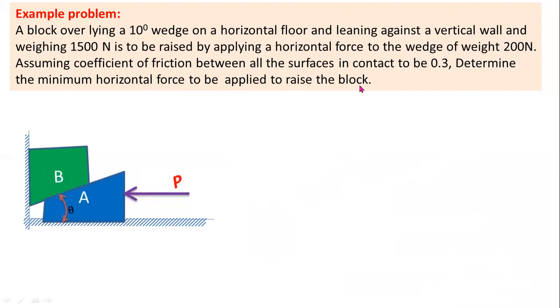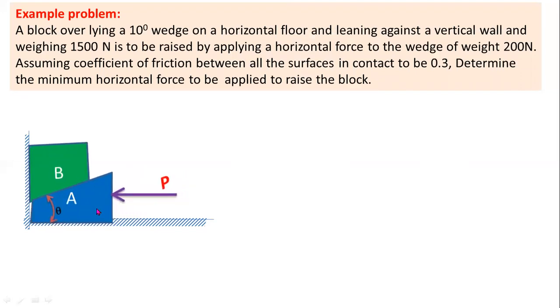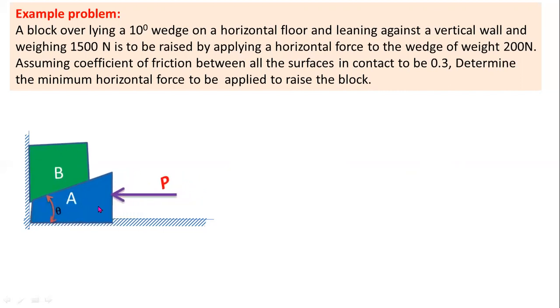From this question, first of all, you have to identify the given values. Here, this green section is the block or load to be lifted, and this blue one is a wedge.